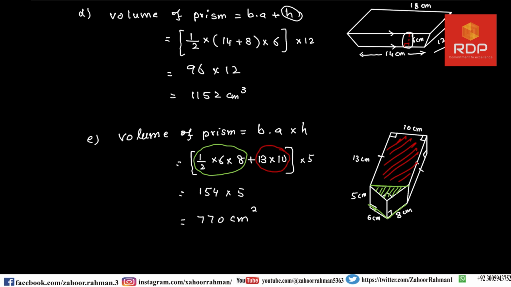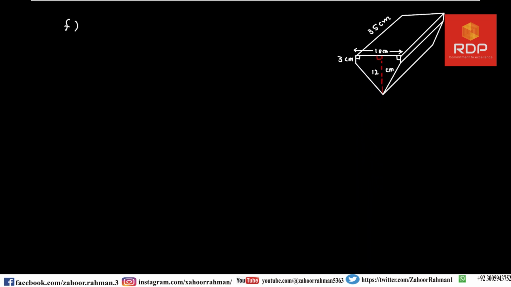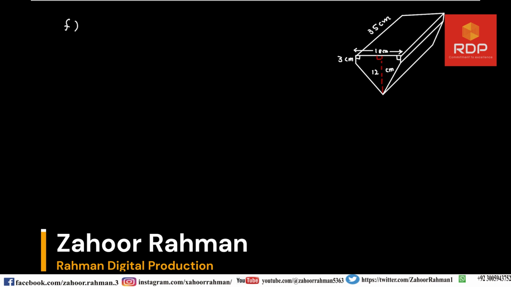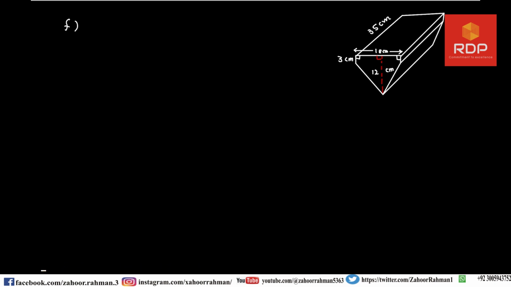The final part of this lecture is a prism given in this form. First of all, let me write volume of the prism, and that is equal to base area into height.